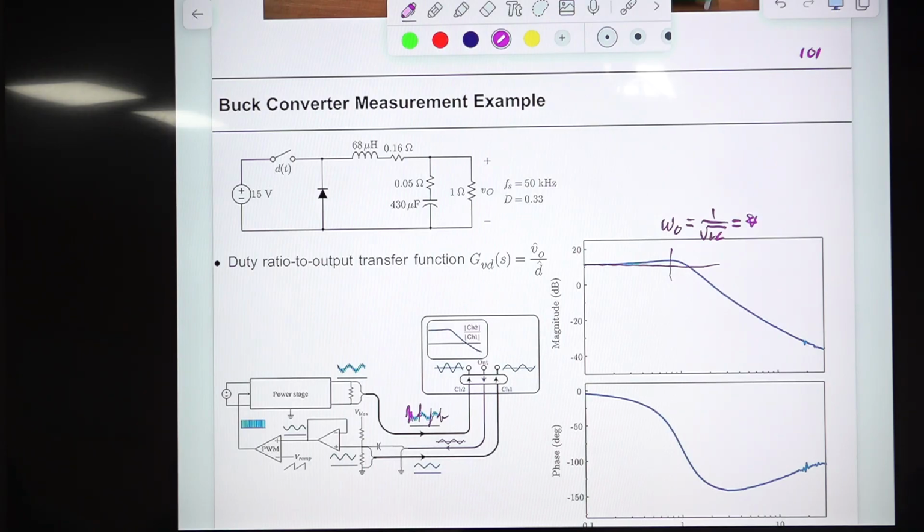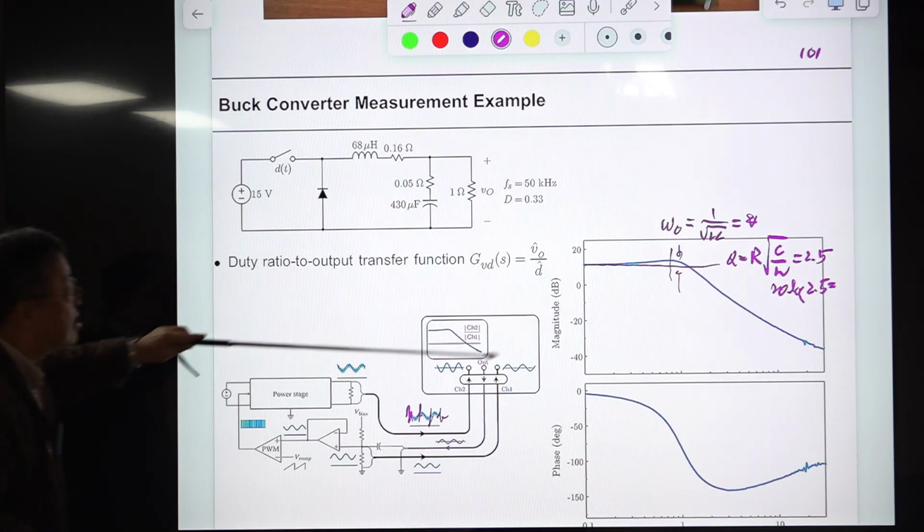And the Q of this, we have this Q, which is R times the square root of C over L. I calculated this number using these values, and it is 2.5. So 20 log Q, 20 log 2.5, is larger than 6 dB.